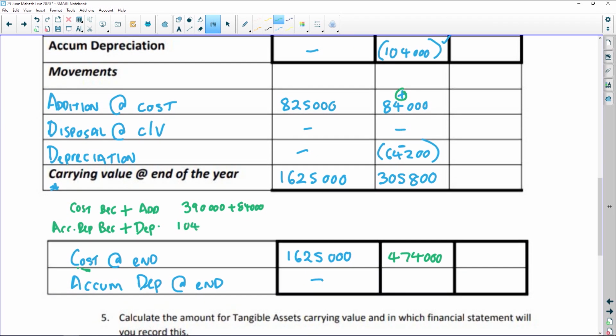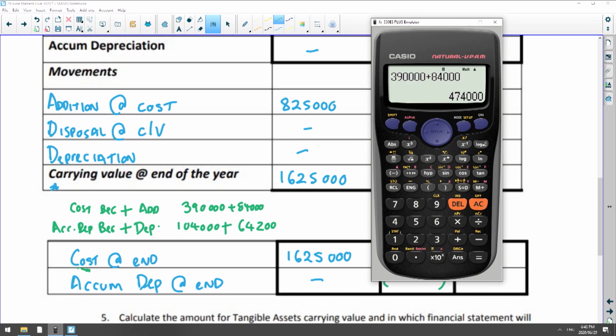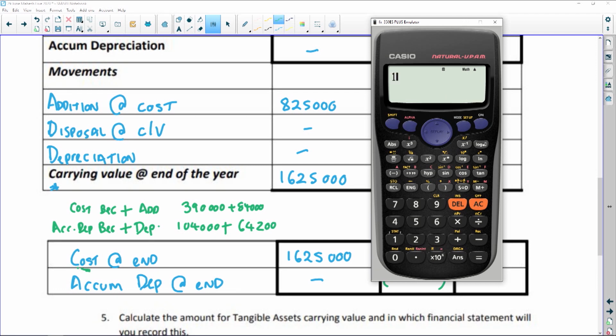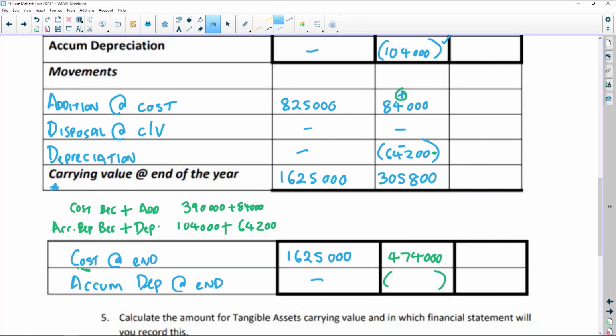So 104,000 plus the current depreciation that I've written off, this amount here, so plus 64,200, and that will give me the total accumulated depreciation written off thus far. So 104,000 plus 64,200, and that's giving us an amount of 168,200.